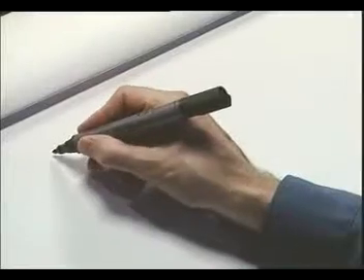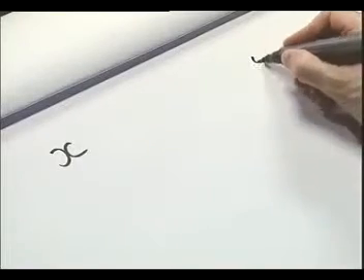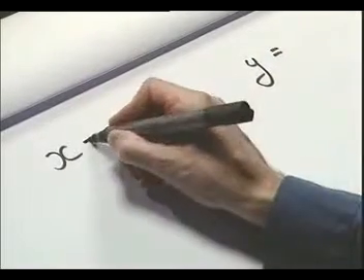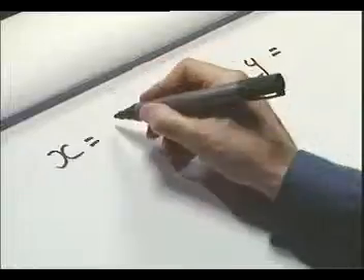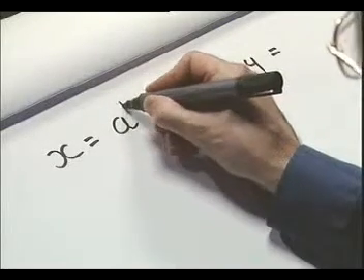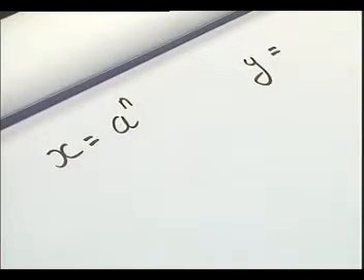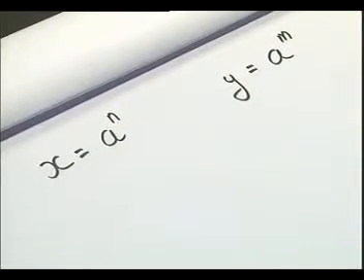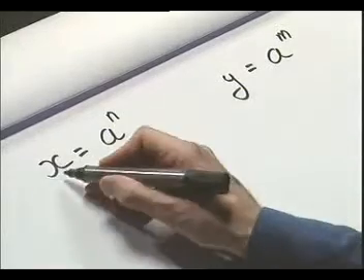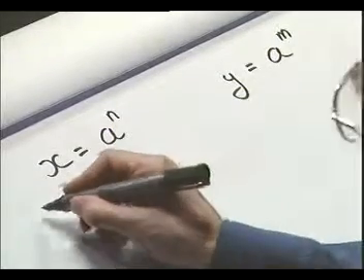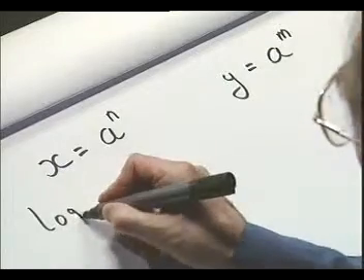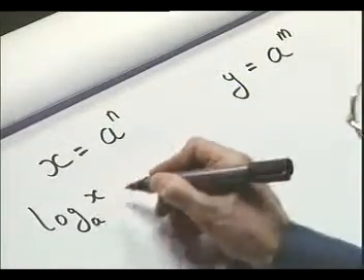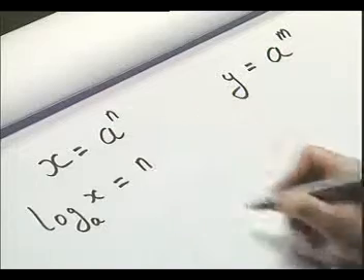Let's take two numbers x and y. And what we want to be able to do is multiply x and y together as a general thing. So we'd say x is a to the power n, and y is a to the power m. Now this statement, x is a to the power n, is the equivalent of saying that the log of x to base a is equal to n.